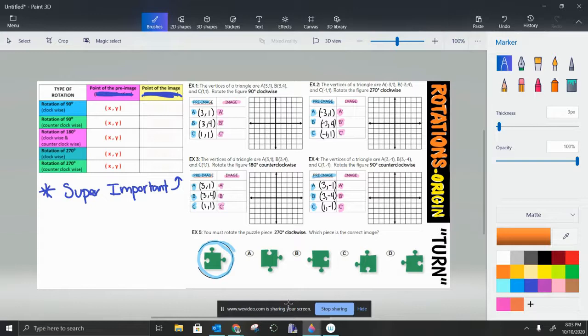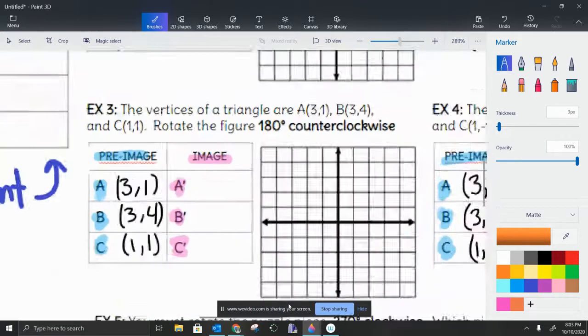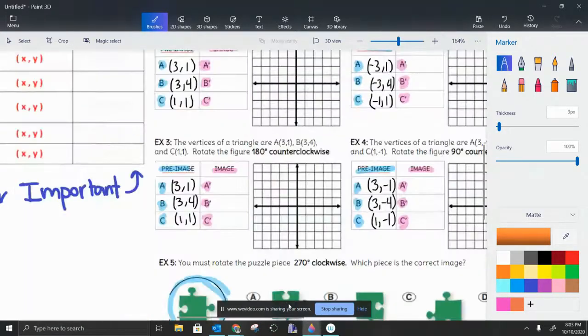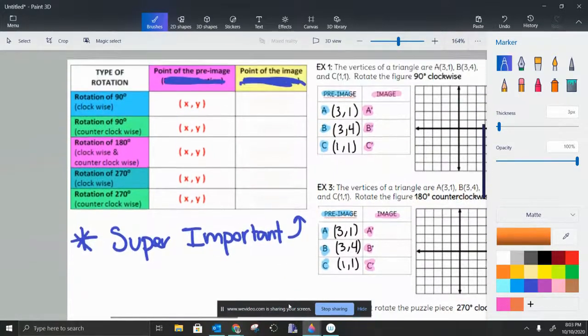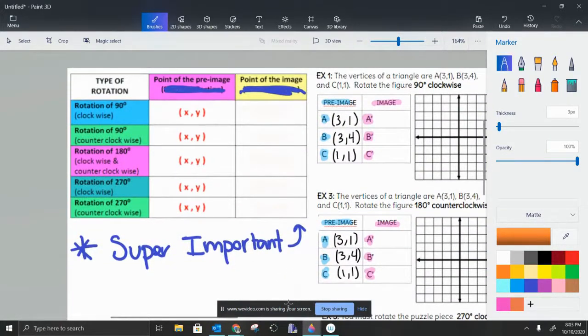So if I want to rotate something, whether it's a point or a figure, if I'm going to rotate 90 degrees clockwise, I'm going to change (x, y) to (y, -x).